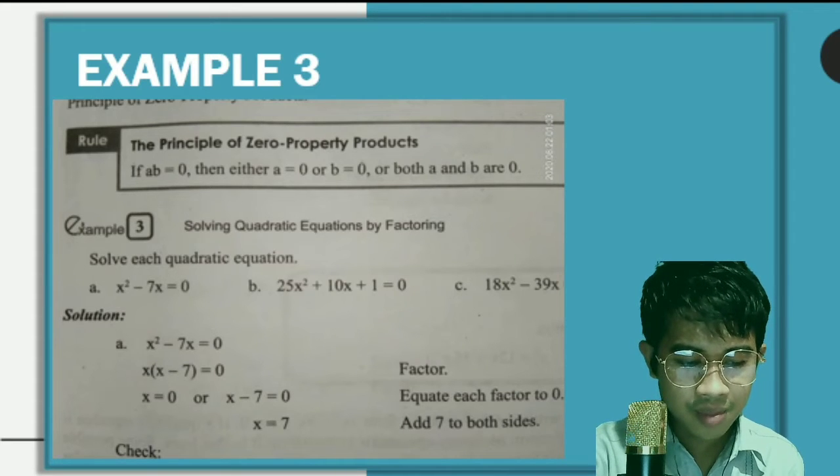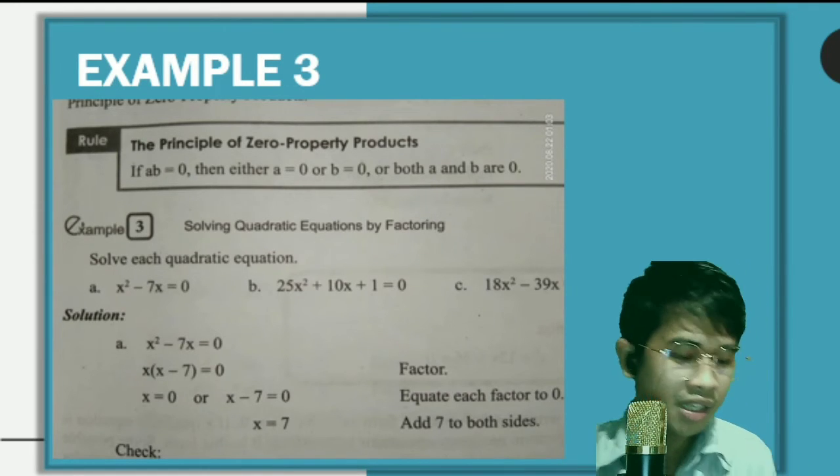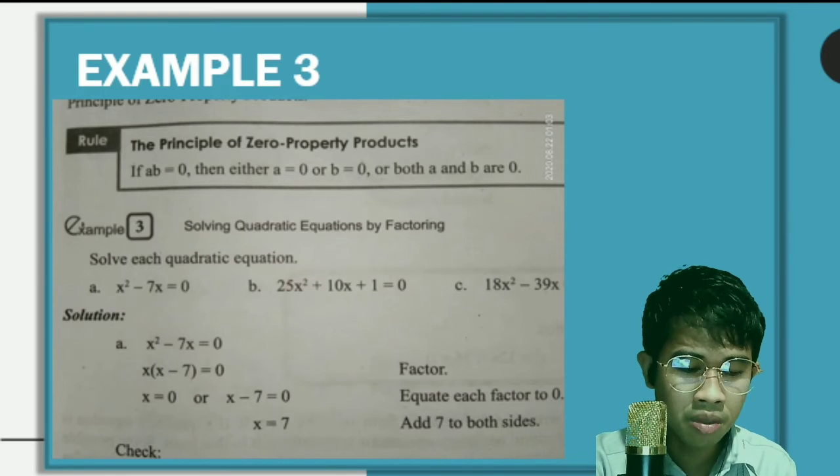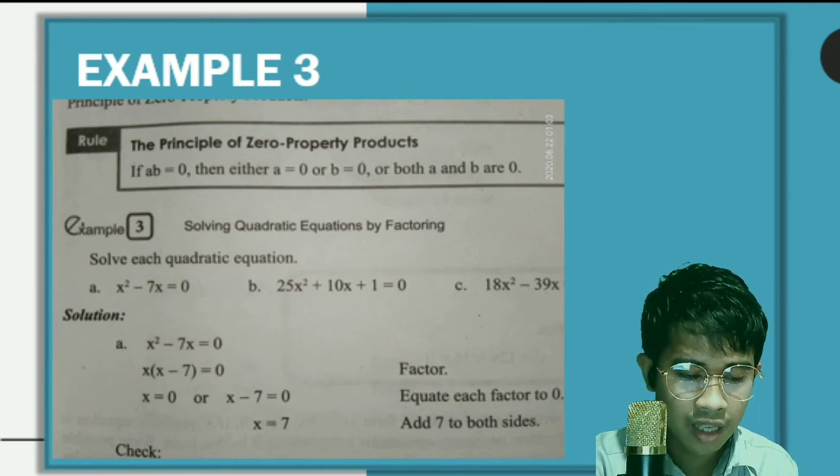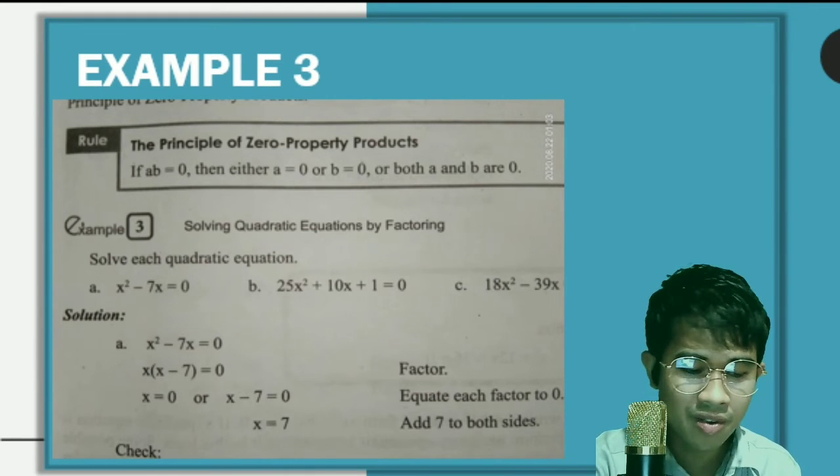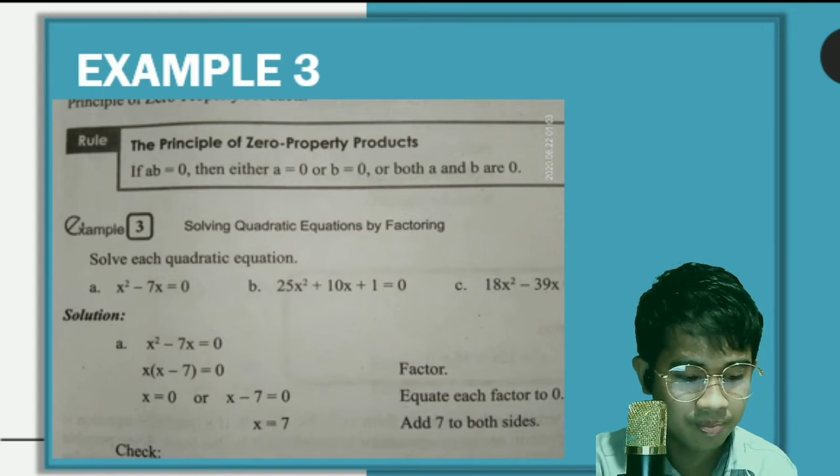X times x equal to x squared. Kay ang rule sang aton nga exponents, once nga gina-multiply ta ang the same variable, ga-add ang exponent. So, isa ka x times ang isa ka x, duha ka x, dako x squared.